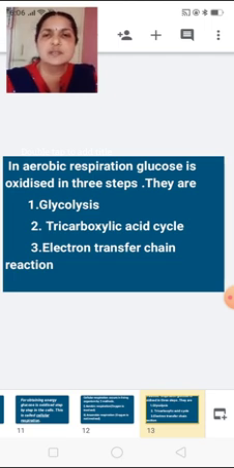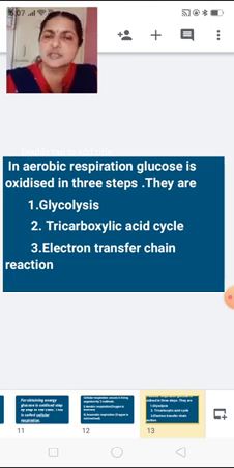This is very important, children. From your examination point of view, it can come as a 3 marks question. What are the three steps in aerobic respiration? Glycolysis, the tricarboxylic acid cycle, and the electron transfer chain reaction.